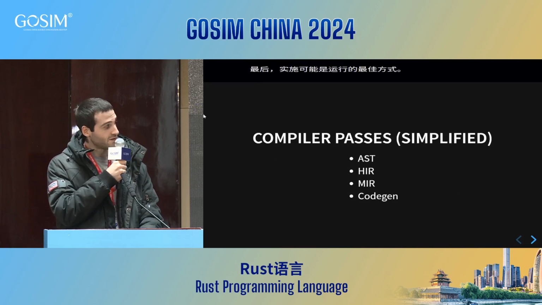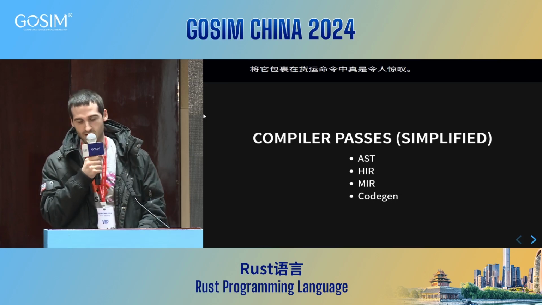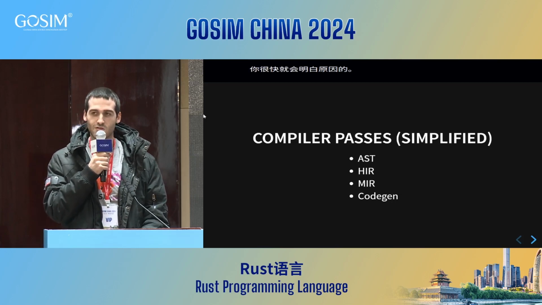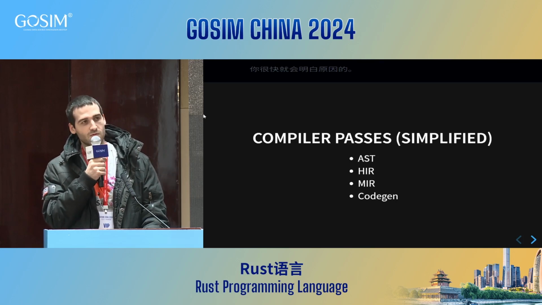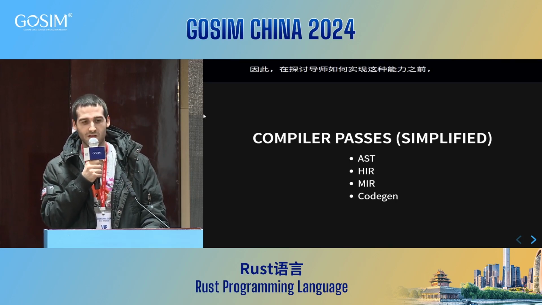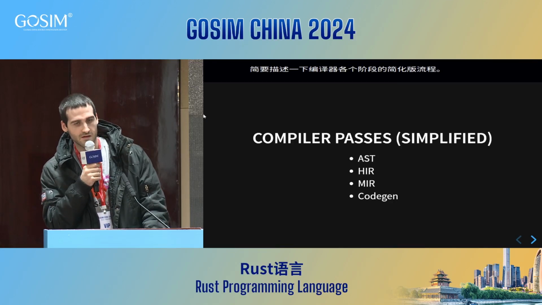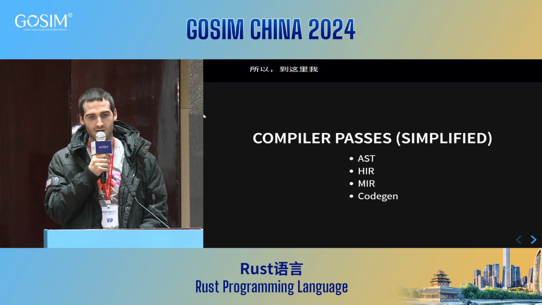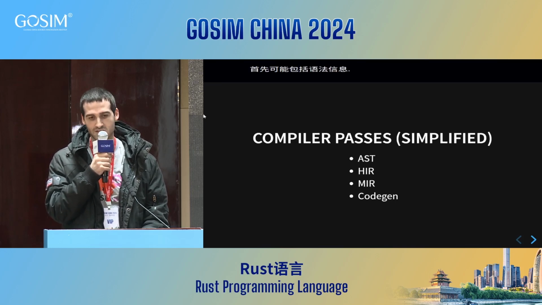So before entering the talk about how the linter is implementing lints and everything, we need to understand how the compiler itself works. Let me describe quickly a simplified version of the compiler passes. So here I only wrote 4. First, there is parsing and syntax information. So basically, you have a type, you have its name, generics, fields, and everything.